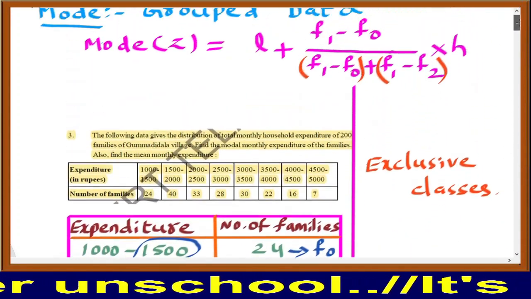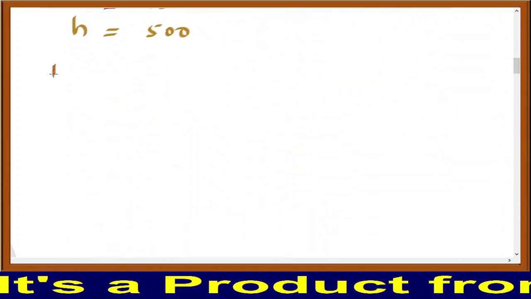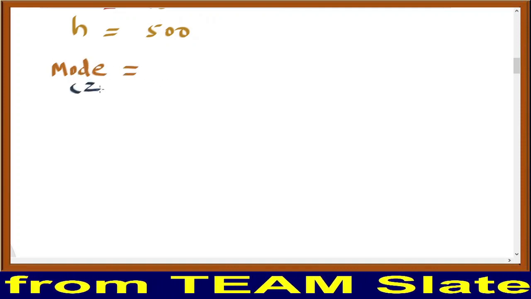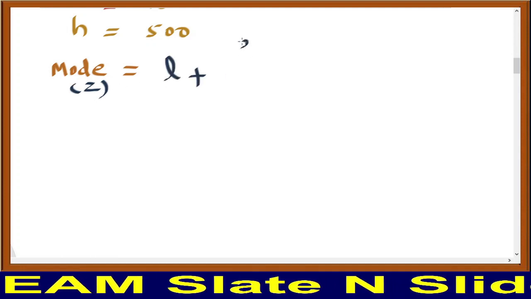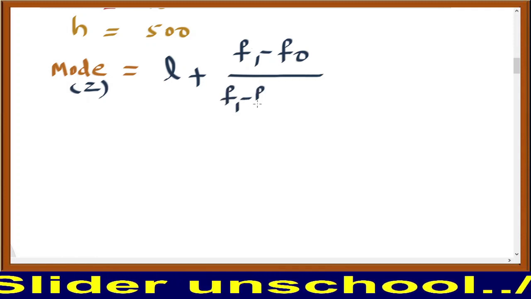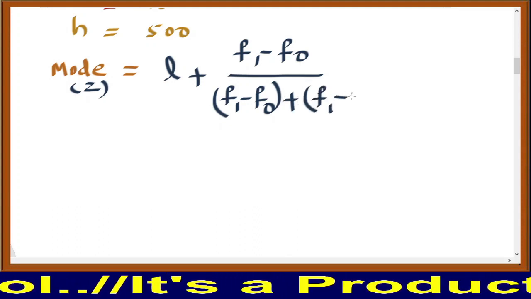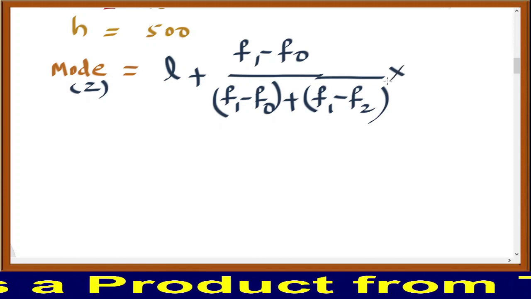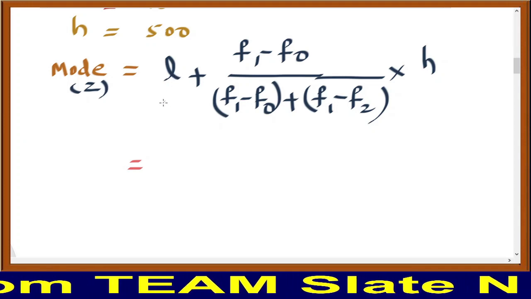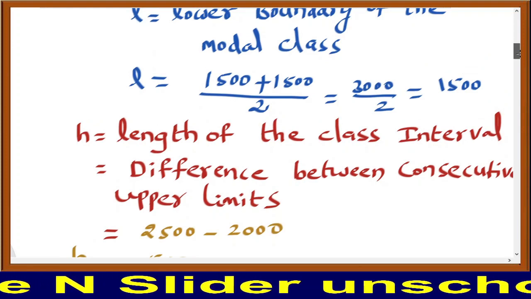We have to substitute all these values in the formula of mode. So I will write again, mode is denoted with Z. The formula is Z equals L plus F1 minus F0 divided by, again write F1 minus F0 and write these two in a bracket, plus again write F1 minus F2, into H, where H is in the numerator. Substitute the values. L is the lower boundary of the modal class, and the lower boundary is 1500.